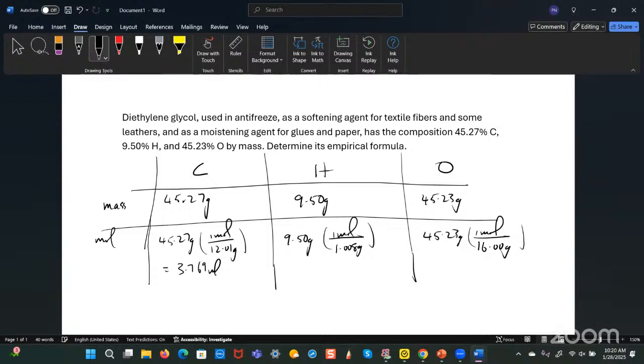And then we divide 9.5 divided by 1.008, and I got 9.42 moles. And then in the last one, 45.23 divided by 16, and I got 2.827, all right? Okay, so now that we have the mole values, what's the next step?